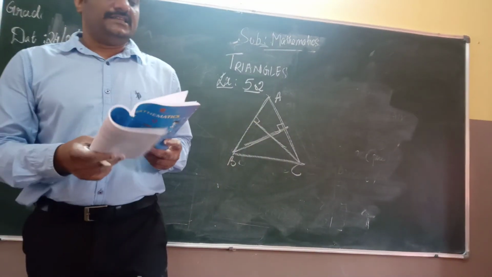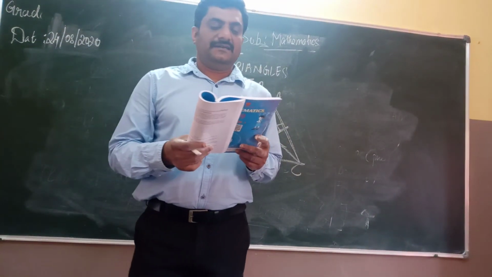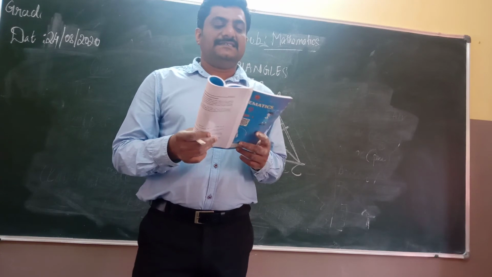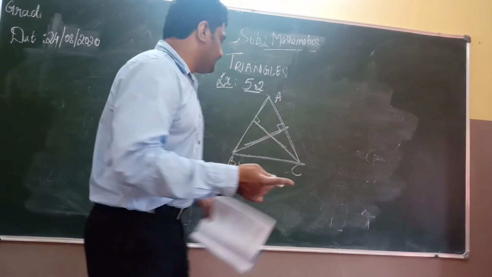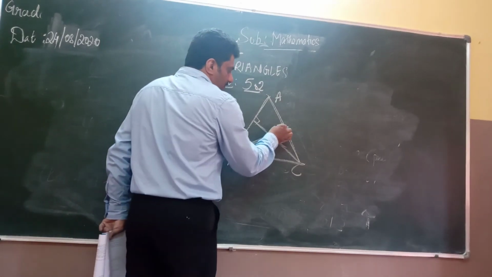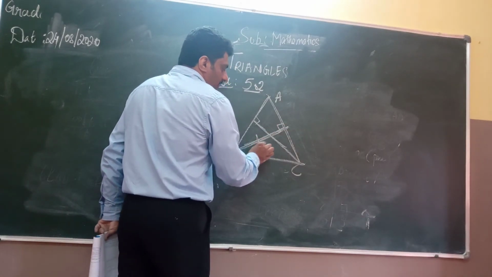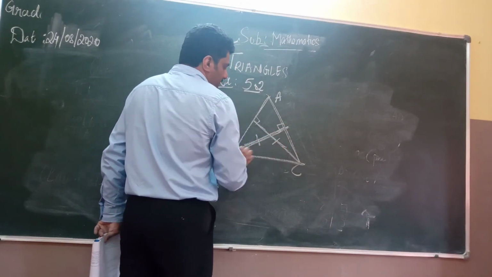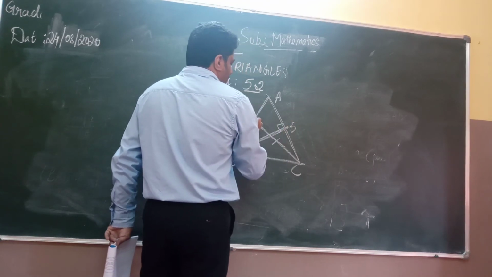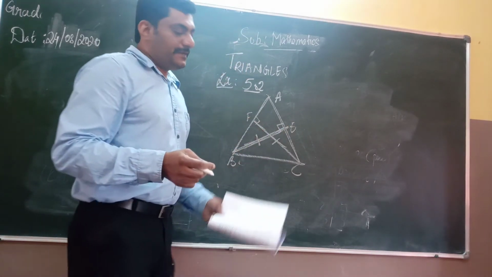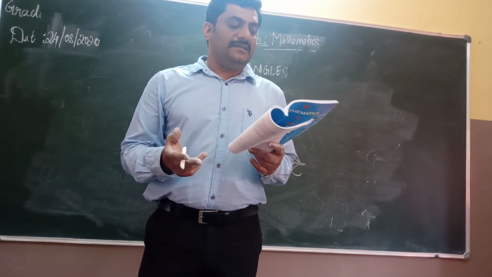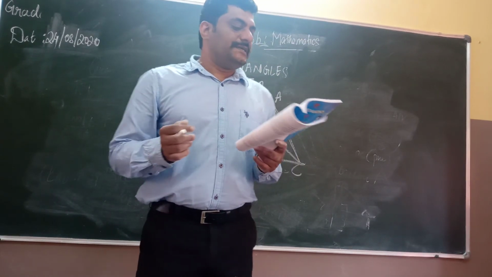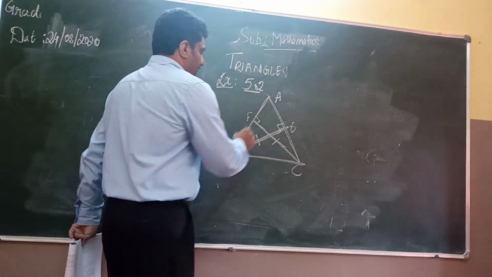That means this is an altitude which is equal, this is an altitude which is equal. What do we have to prove here? Show that ABE is congruent to ACF.